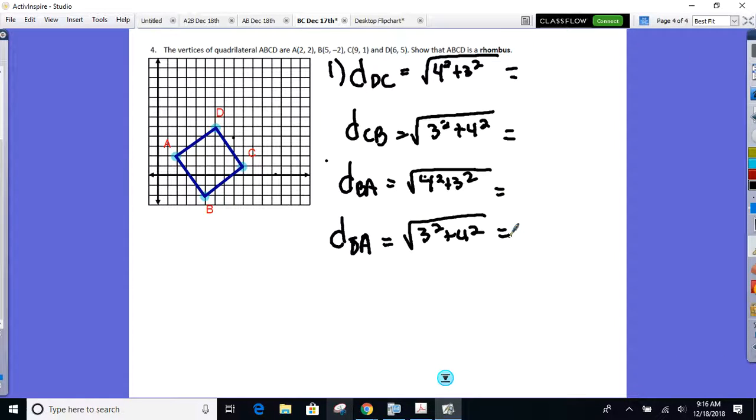Hopefully we're all coming out with what distance here? 5, not square root of 5, just 5.